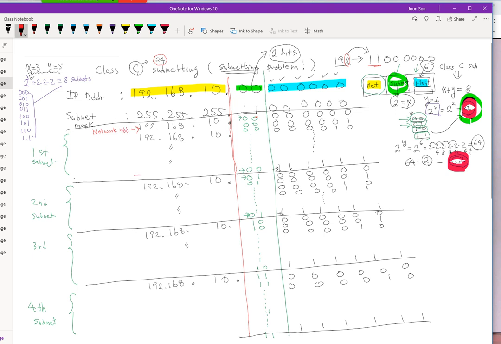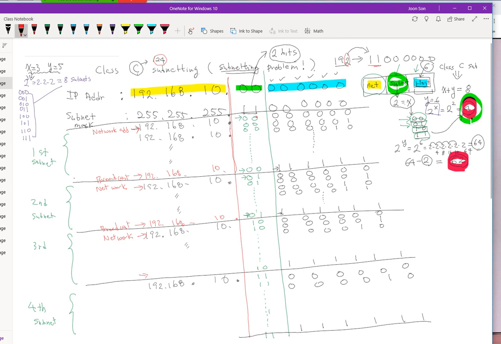And then the very last one, 192.168.10.00111111, that's the broadcast address, right? And then the first one is the network address. And then the very last one, 192.168.10, that's what? Broadcast address. And the very first one is what? Network address.